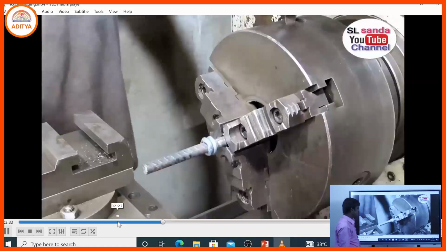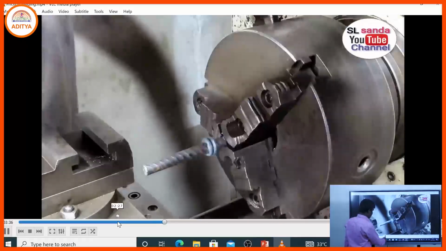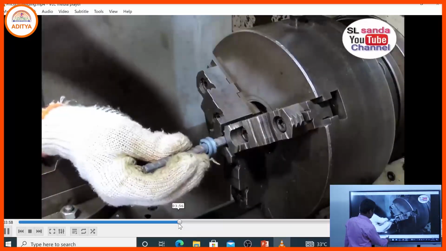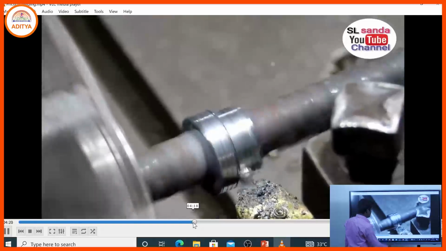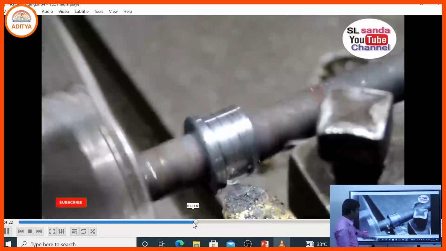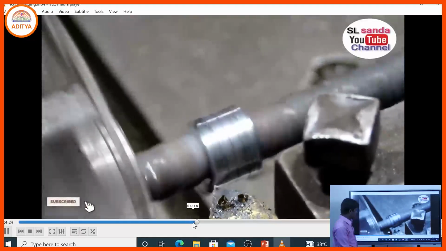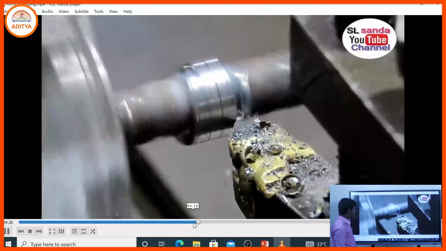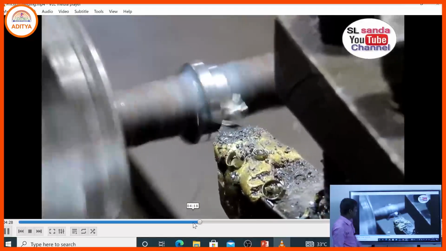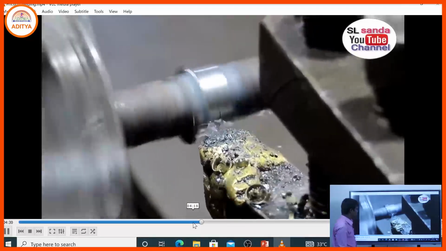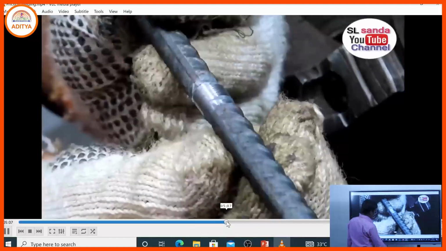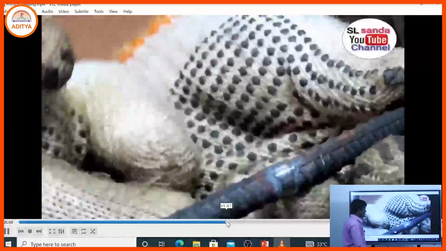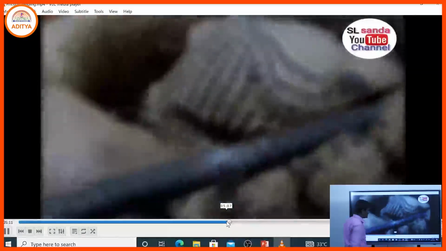We also do some alignment. After that we remove some extra materials. During machining operations we remove some extra material from that particular welding zone. Finally we have got that type of welding face.